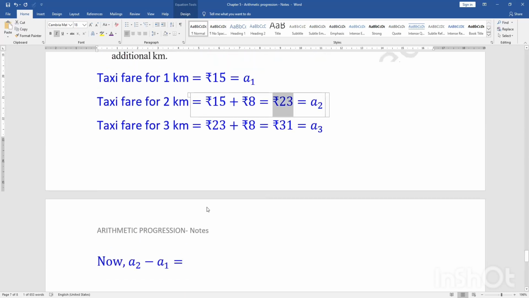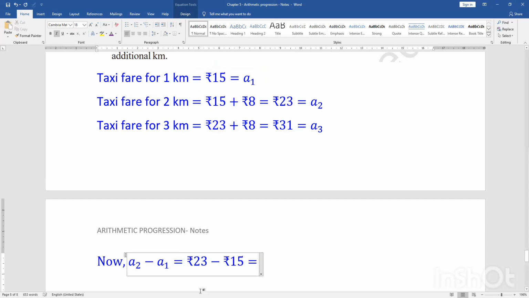So let us take 23 minus 15, which is how much? Rupees 8. So it will be equal to rupees 8.